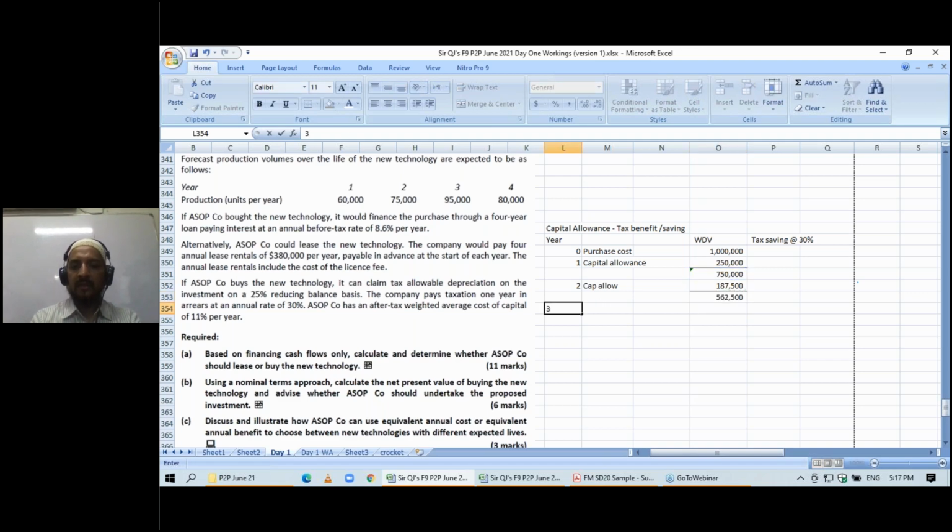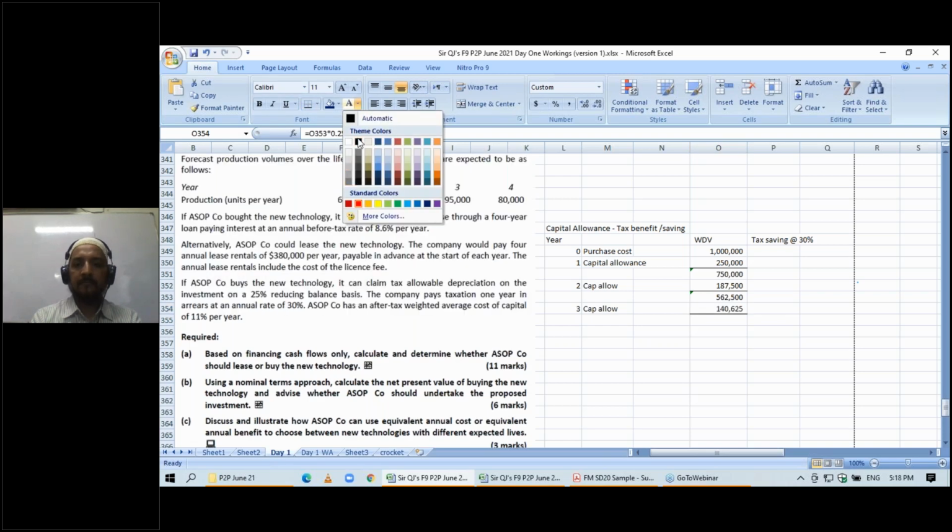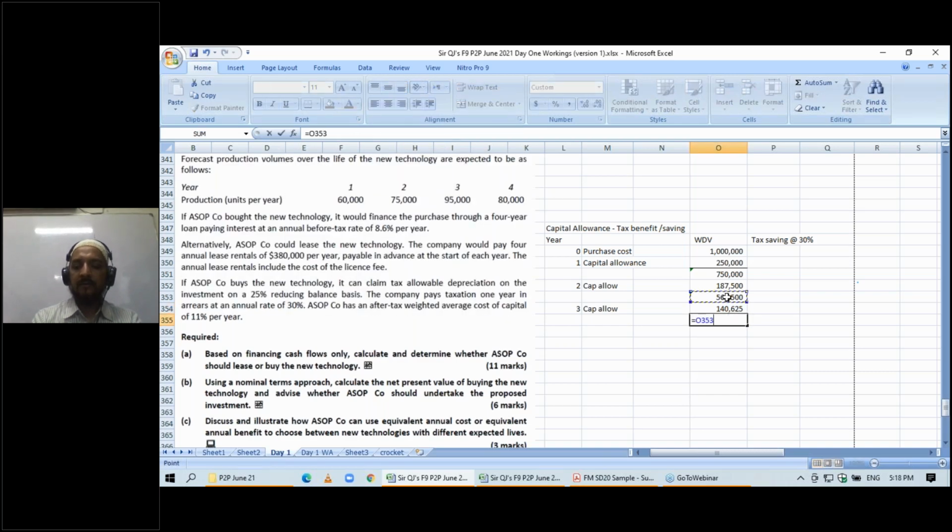The third capital allowance will be 562,500 multiplied by 25%. And then the book value remaining is 140,625.